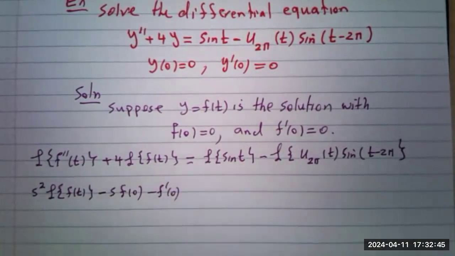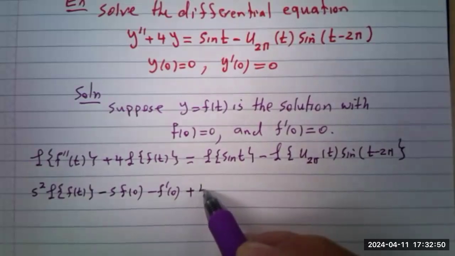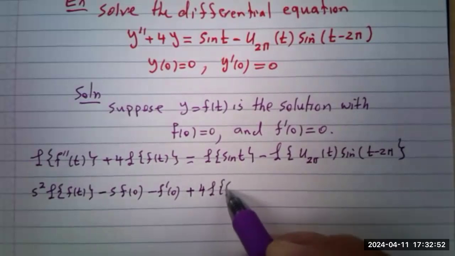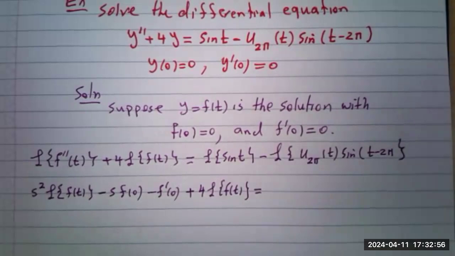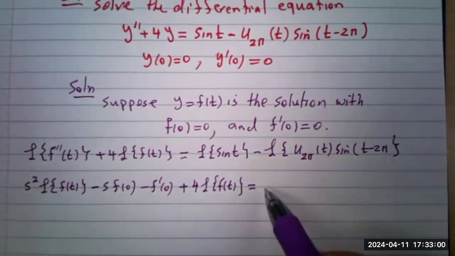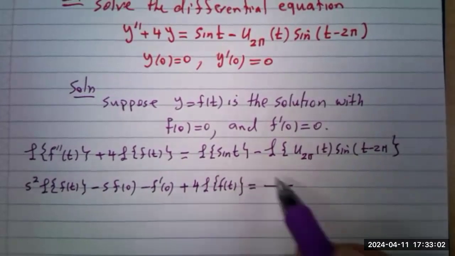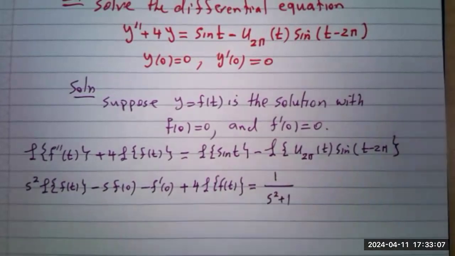That's the formula for the first part. Plus 4 times Laplace of f of t. Now the other side. The Laplace of sine t, you know, is going to be 1 over s squared plus 1. That's the Laplace of sine.